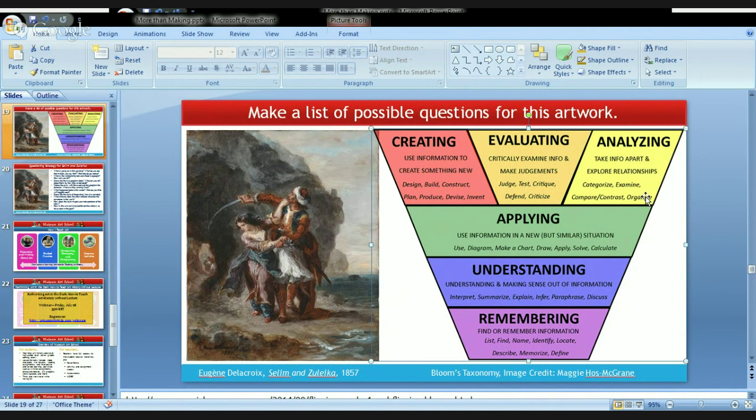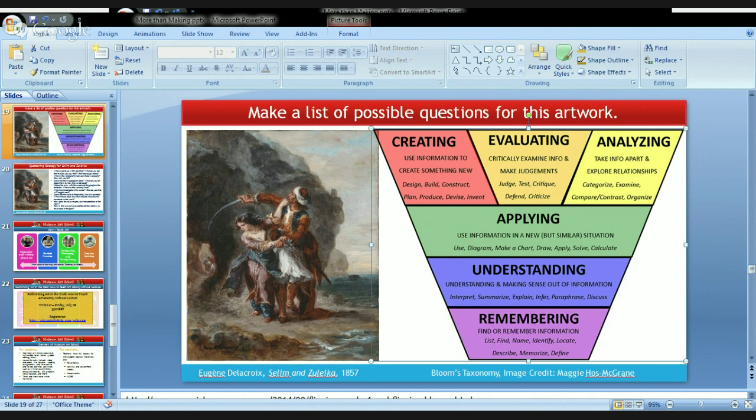What I love is these words underneath here. There's a website that has these words, like 100 words in each category. So I can look at it and think, okay, devise. What can I do about this artwork to use the word devise? That helps you think of more advanced questions, and that works really well for me when I'm trying to come up with questions.